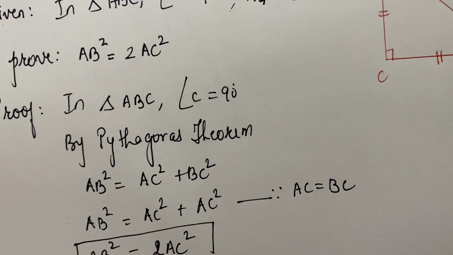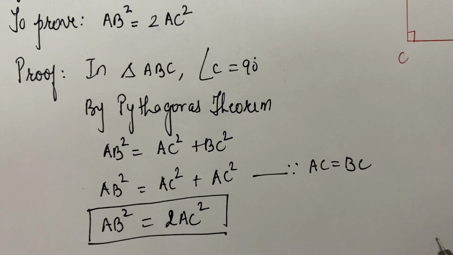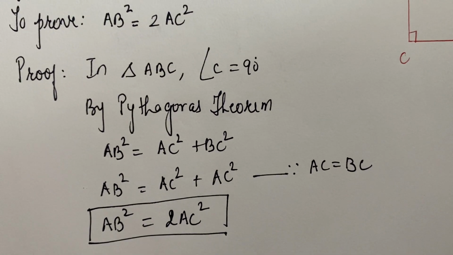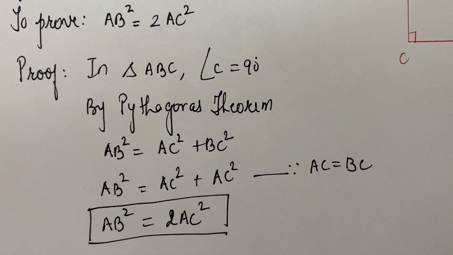Got that? Fine. Now we come to question number 5. In this question number 5, you are given that triangle ABC is an isosceles triangle with AC equal to BC.